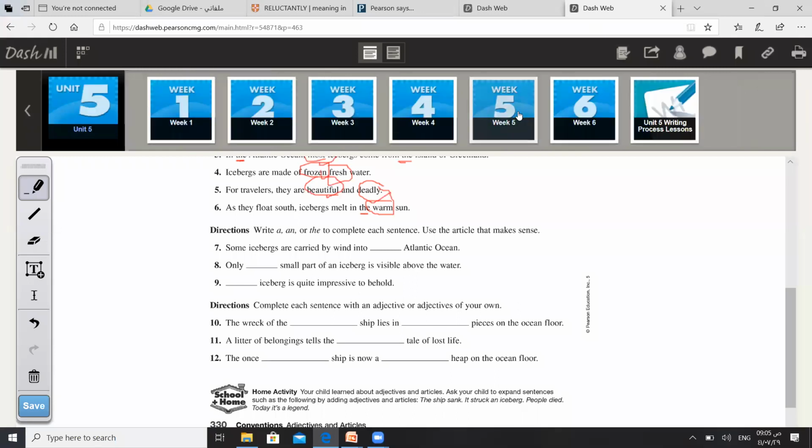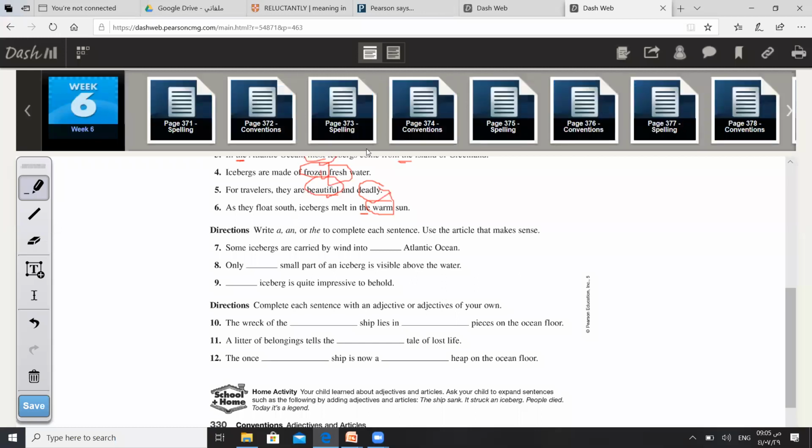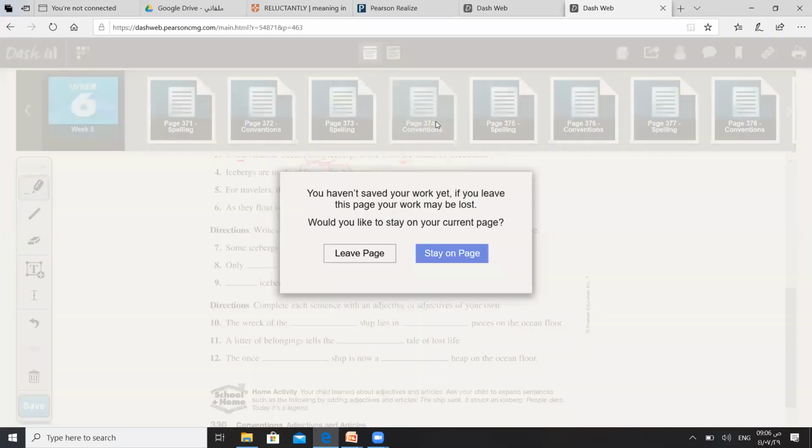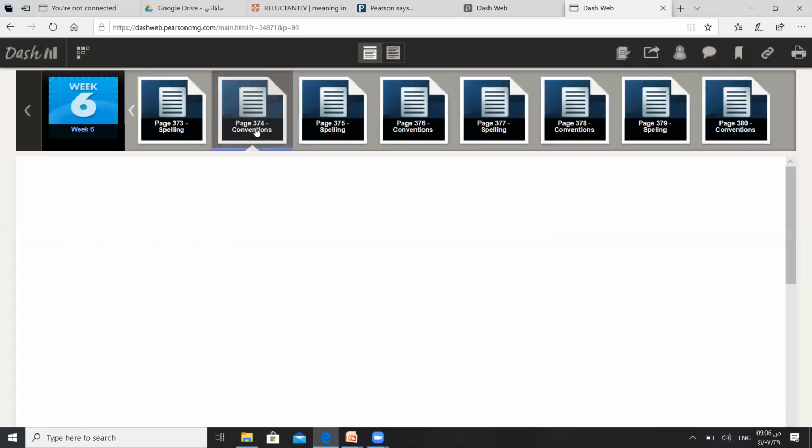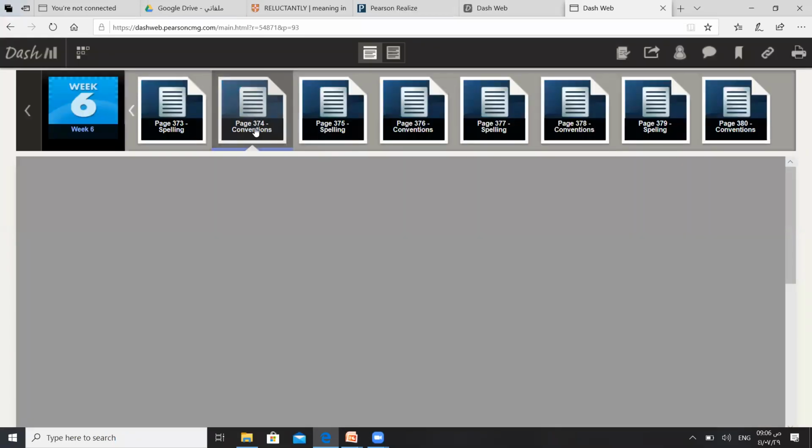What page is that? Open. 374. Yes. I'm not reading. You can check the screen. 374, look. Okay. Underline the article and circle the adjective in each sentence.